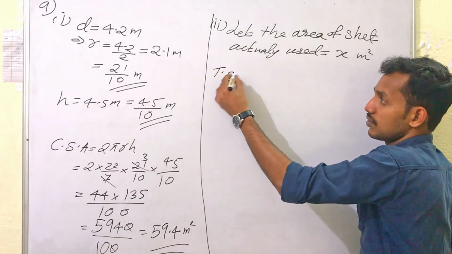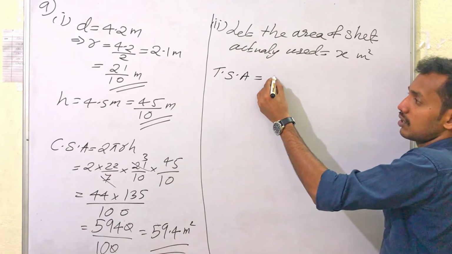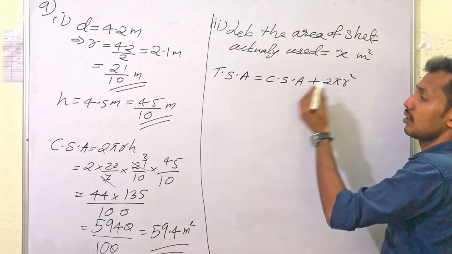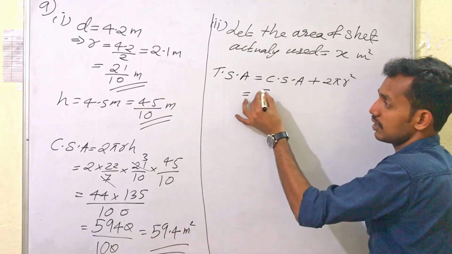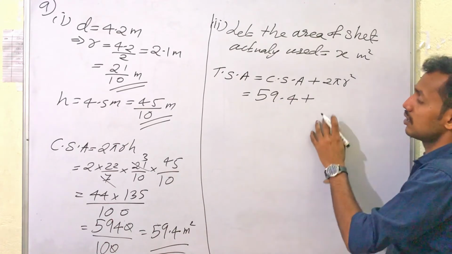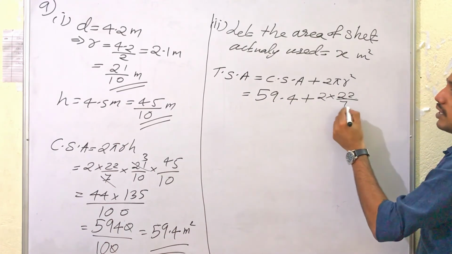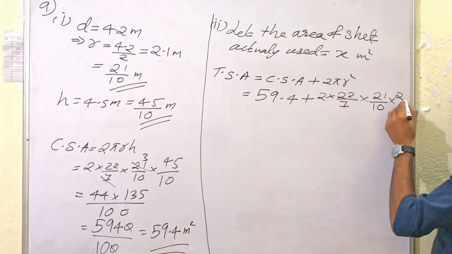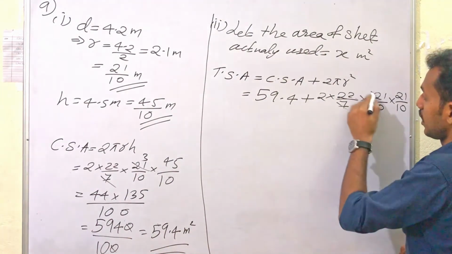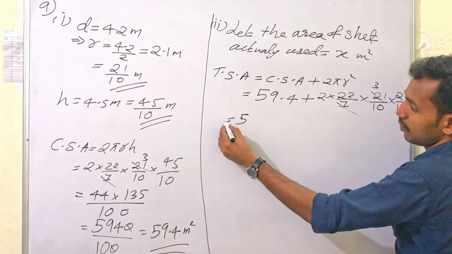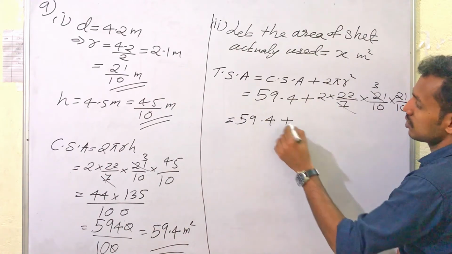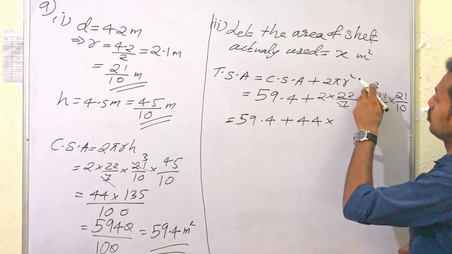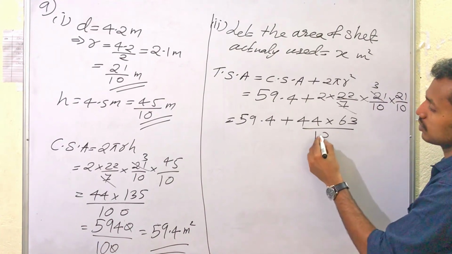So what will be the total surface area? Total surface area is equal to curved surface area plus 2πr². What is curved surface area? We have already got it, 59.4, plus 2 into 22 by 7 into radius, which is 21 by 10, into radius square, that is 21 by 10 again. 3 cancelled. 59.4 plus 44 into 3 into 21 is 63 divided by 100.